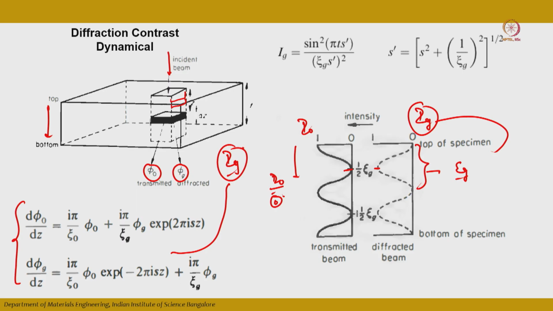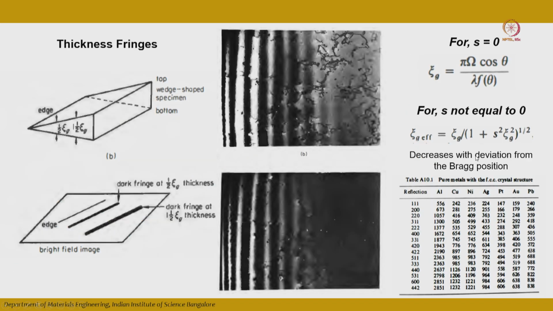So if your thickness is equivalent to this particular value psi g, then you will not see any diffraction spot on the back focal plane. So based on this particular equation of the intensity, now your sample cannot be ideally a flat sample.